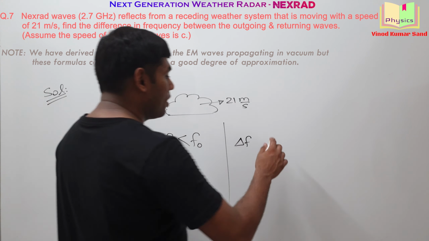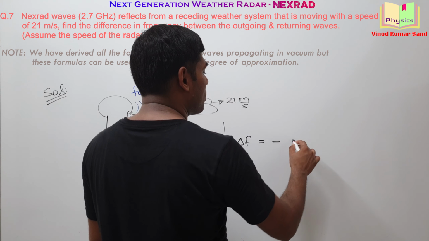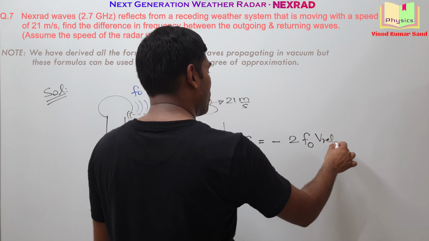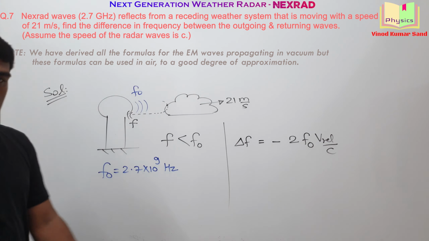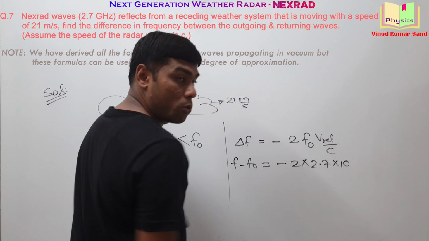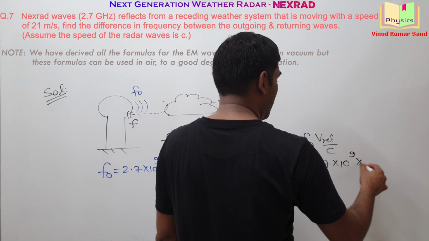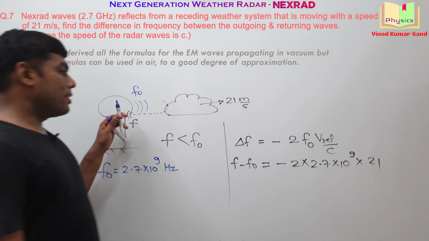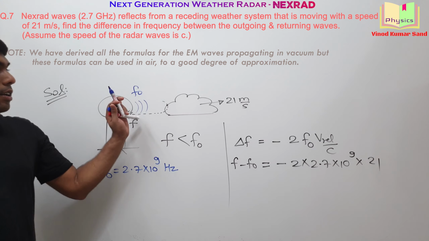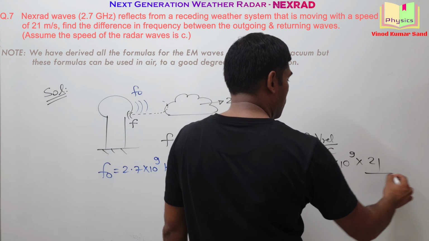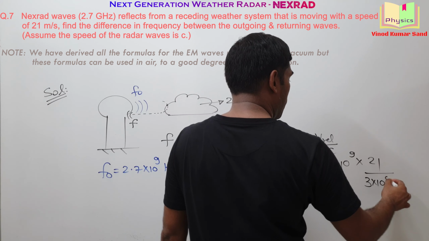Delta f is equal to minus 2 times f0 v relative by c. Minus 2 into f0 is 2.7 into 10 to power 9. v relative is this time 21. Radar is at rest and the cloud is moving away, so relative speed is 21. c is 3 into 10 to power 8.